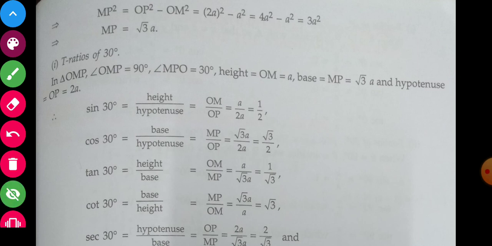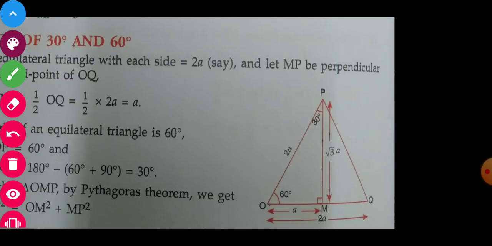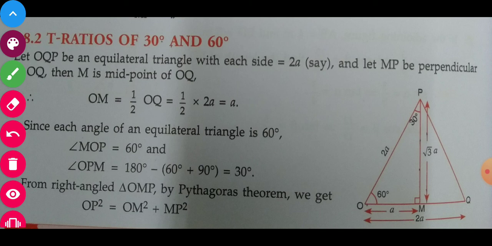So they got this side MP as root 3 a, and we got the same. So let us now find the trigonometric ratios for the angle 30 degrees. Like what we did for 45, the same we are trying here with this triangle POM, where you have angles 30 degrees, 60 degrees and 90 degrees. So let us find the trigonometric ratio for this angle 30 degrees.